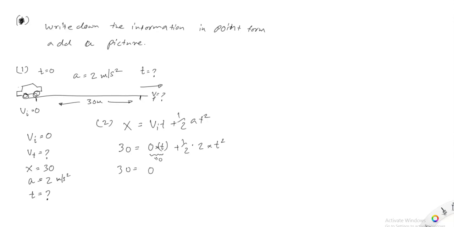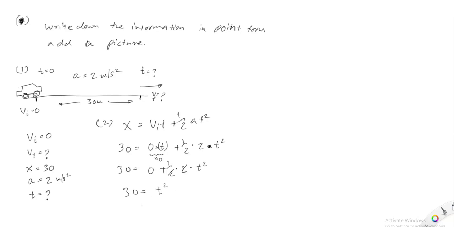So 0 plus half times 2 times t squared. 30 equals, half and 2 becomes 1, t squared.